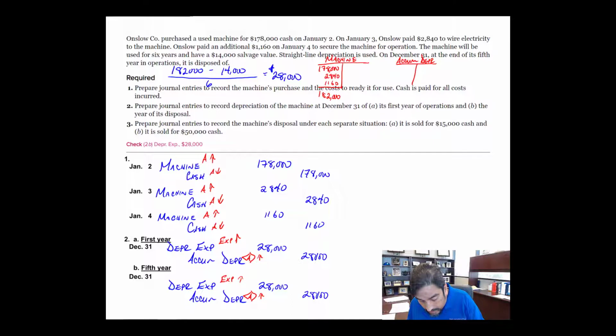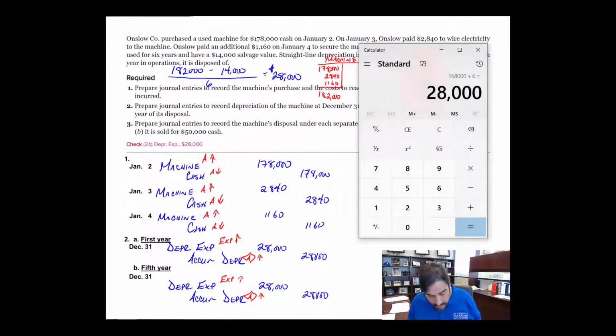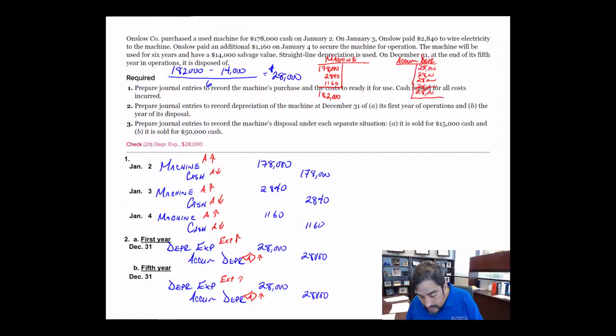As a matter of fact, let me put that up here. For the accumulated depreciation, we recorded 28,000 in year 1 and year 2 and year 3 and year 4 and year 5. So if I wanted a total, I'm just going to multiply it by 5. 140,000 is our accumulated depreciation after 5 years.